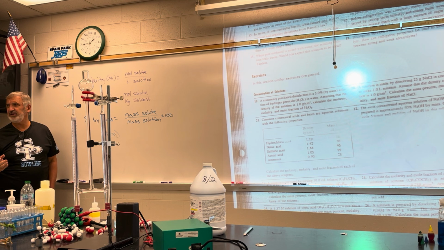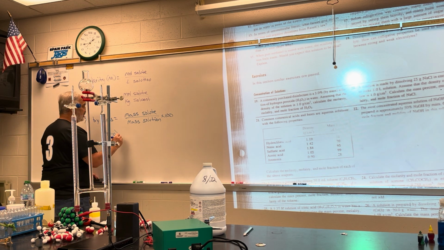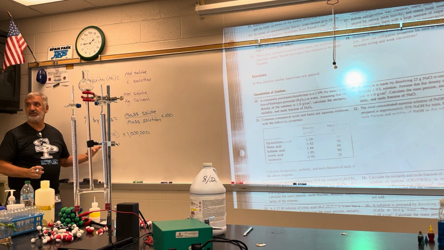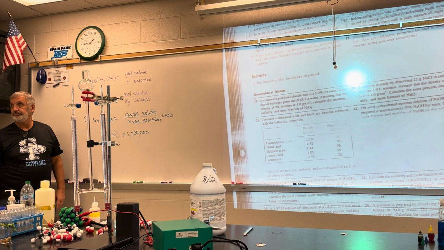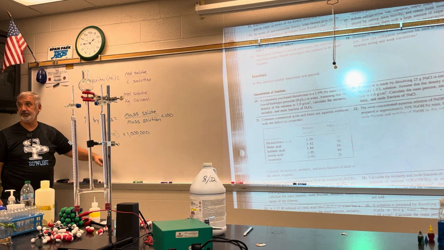Have any of y'all ever heard of that, ppm? It's something that when things are really dilute, they have to give it in terms of parts per million. It's simply going to be times 1,000,000. It's the exact same, except it's times 1,000,000 instead of times 100. So you still do mass of solute over the mass of solution, but rather than multiply by 100, you multiply by 1,000,000.